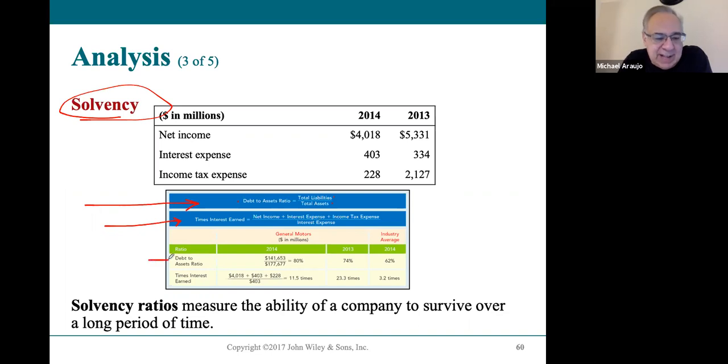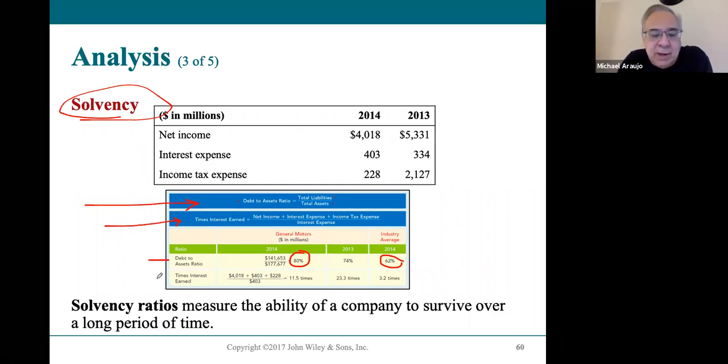So here the debt to asset ratio for GM in 2014 is 80%, which is very high. Am I seeing that number right? Yeah, 80%. That's very high. That means that 80% of its assets are paid by debt or acquired by using debt. So that's relatively high, certainly compared to the industry. It's much higher than the industry average.